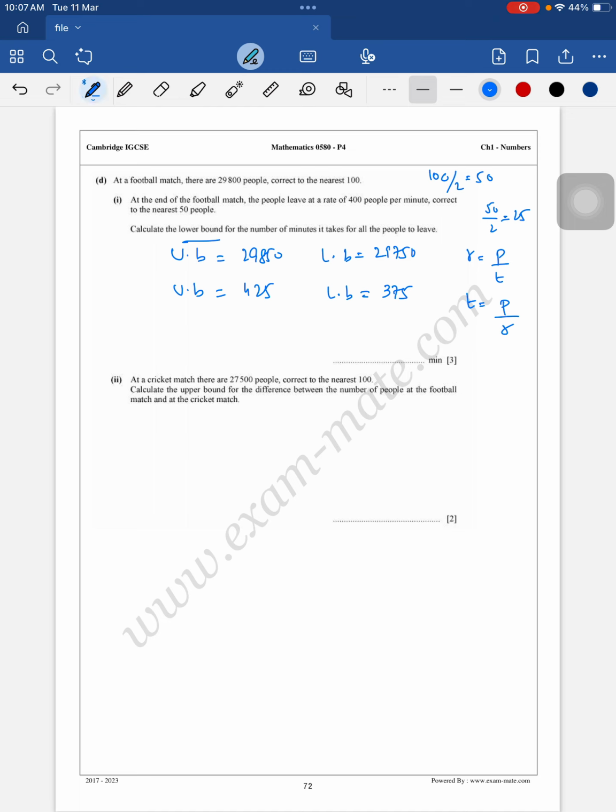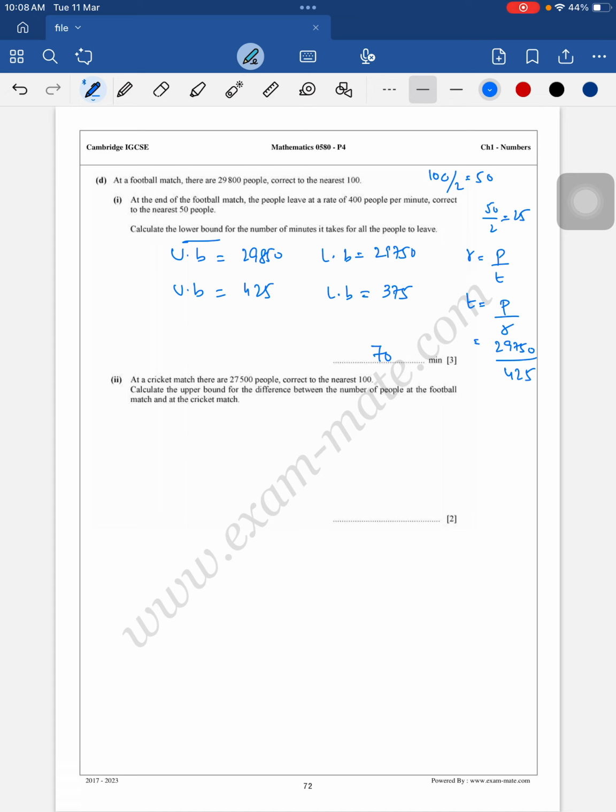So in the numerator, that is people, we put the lower bound 29,750, and for the rate, which is in the denominator, we put the upper bound value, 425, to get the correct lower bound value. So 29,750 divided by 425 is 70 minutes. Is it clear? Okay. So at a cricket match, there are 27,500 people.